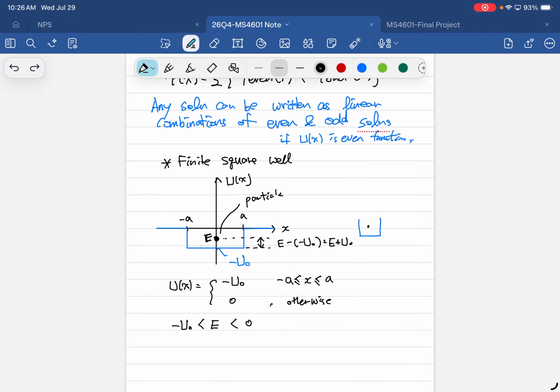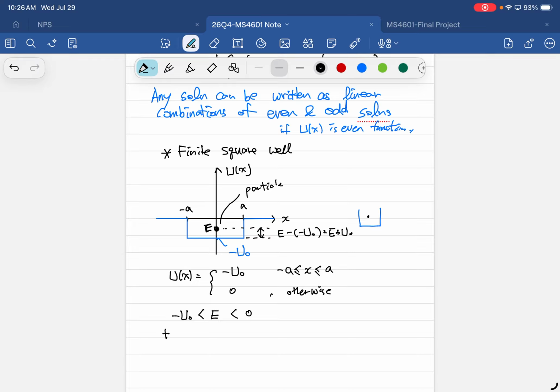So again, with this problem statement, we need to look into 3 regimes. The first regime is when X is smaller than negative A. Second, we have to look inside the cavity or well or bucket.